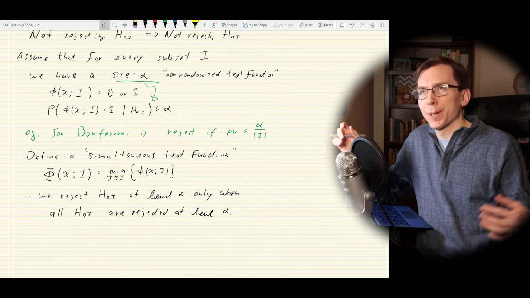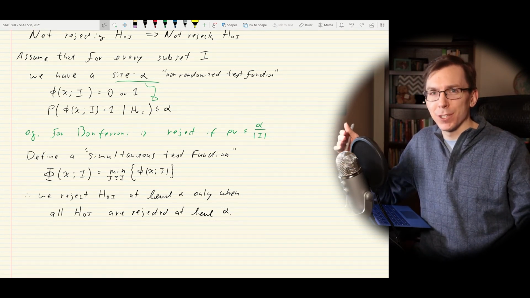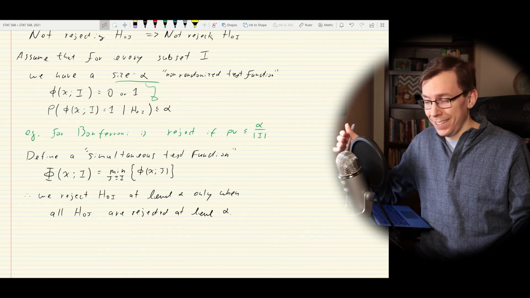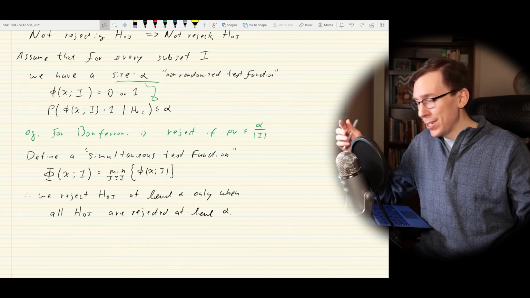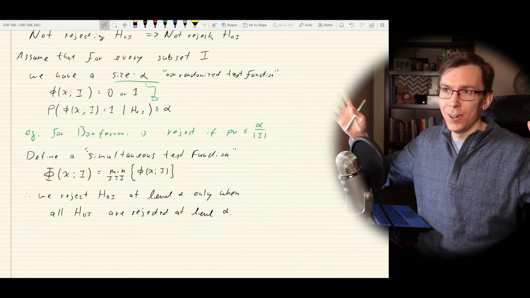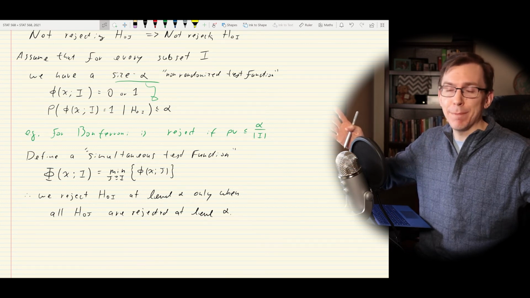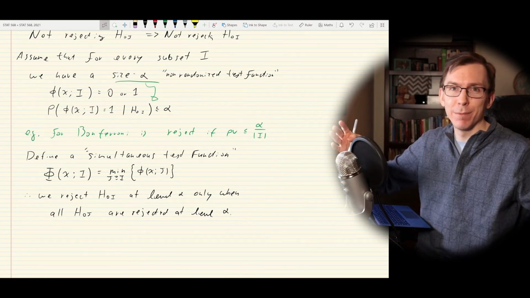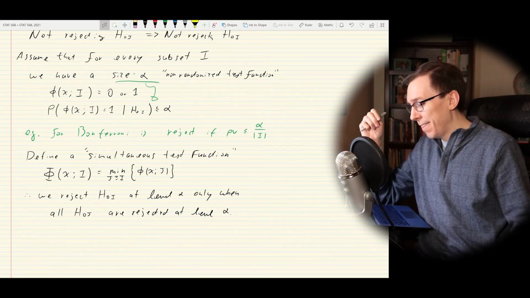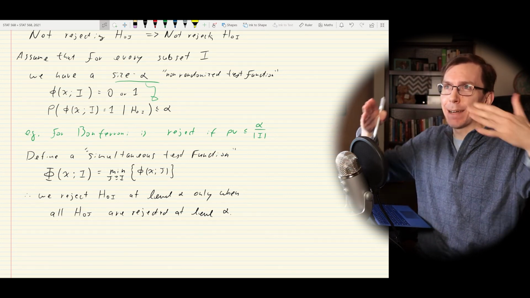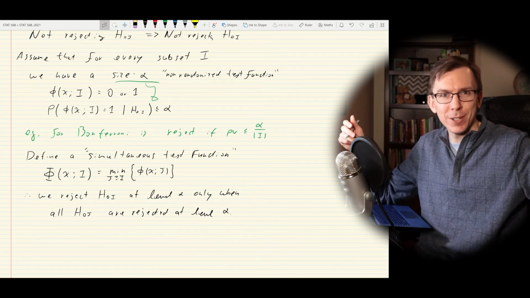So in some sense, if we were to think about this in the stepwise approach of Holmes method that we already did, the idea is that we start with all of the hypotheses, all m of them, and if we apply Bonferroni to all m of them, we take alpha and divide by m, right? And then we would reject that simultaneous hypothesis. We throw out the smallest p-value if we reject.